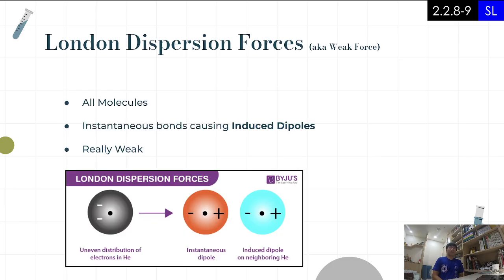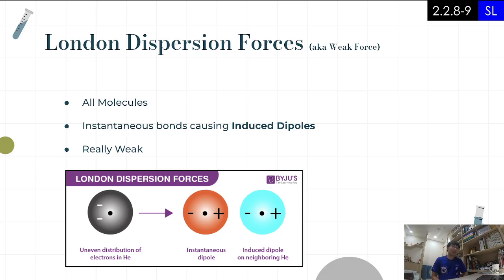Now, this one is going to be everything about intermolecular forces, okay? So 2.2.8 and 2.2.9. The weakest intermolecular force you have is the London dispersion force, also known as a weak force, because it's weak. To understand an intermolecular force, think about inter, like international, between nations. So an intermolecular force is in between different molecules.